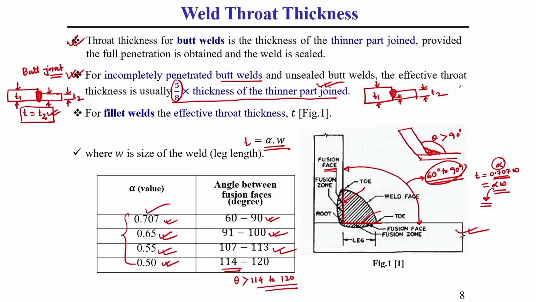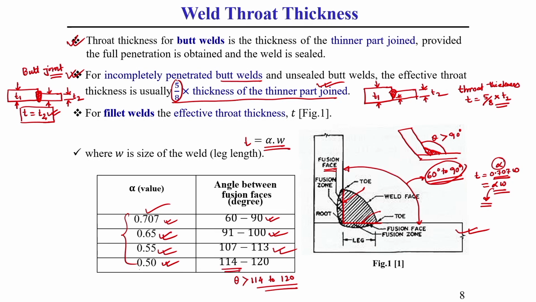So here the throat thickness T is generally considered as 5/8 into T2, because this will be considered for designing of the welded joint. This is called effective throat thickness.